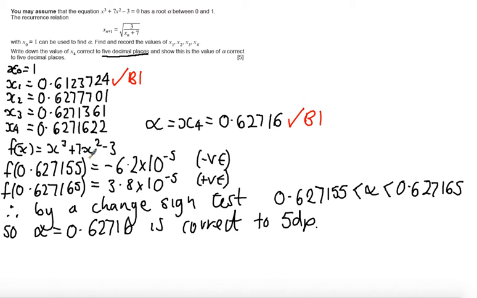There is a method mark for using the upper and lower bounds to substitute into f of x and to do our change of sign test. There is then an answer mark for getting a positive and negative solution, preferably listed like this, an actual value, when you've substituted in those upper and lower bounds. And then finally, there is an answer mark for a sentence explaining that you've used a change of sign test to show that alpha is 0.62716, correct to 5 decimal places.